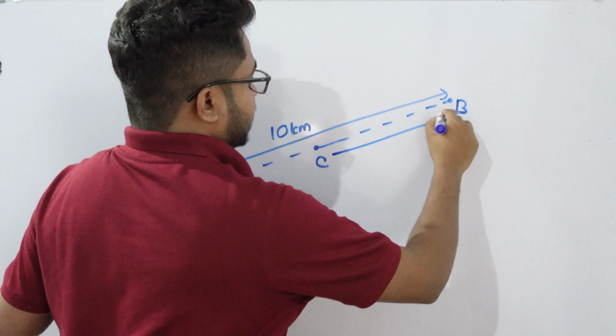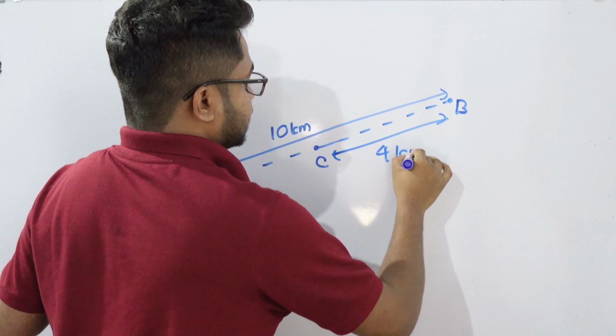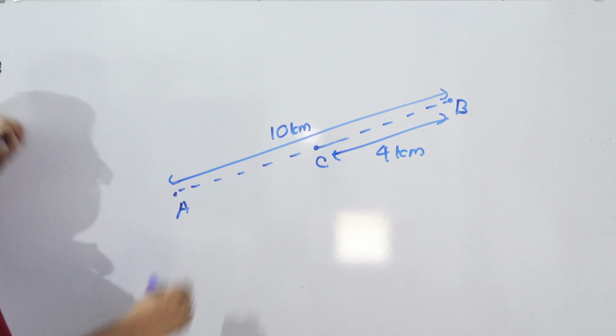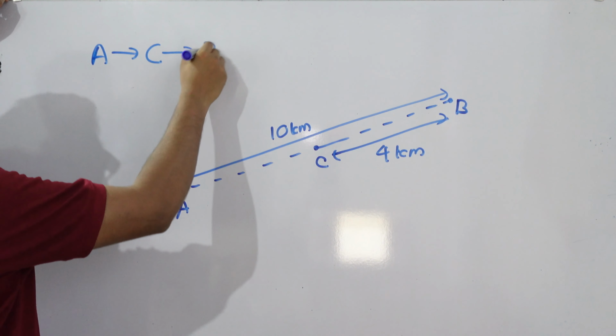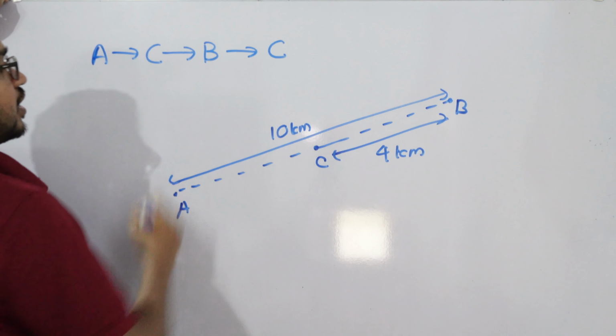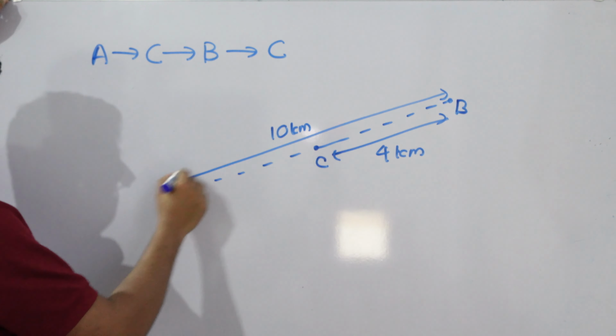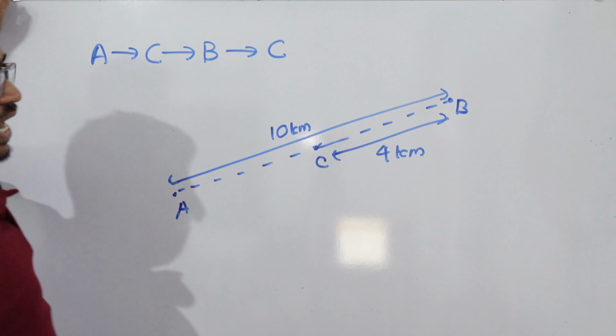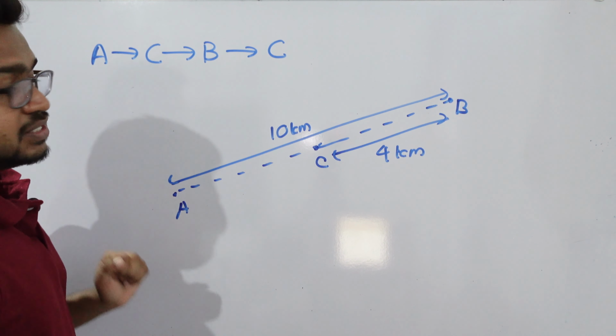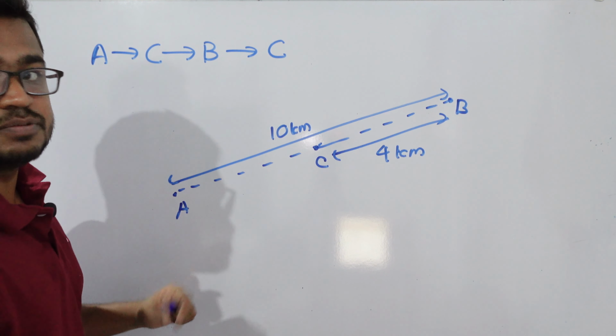And then from B to C, you have 4 kilometers. So what's his path? The man moves from A to C, to B, and to C again. Let's calculate this man's distance and displacement.